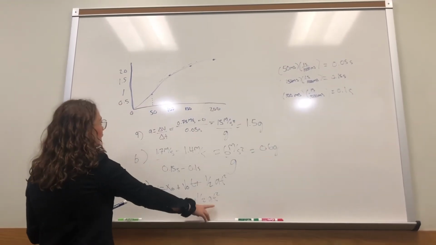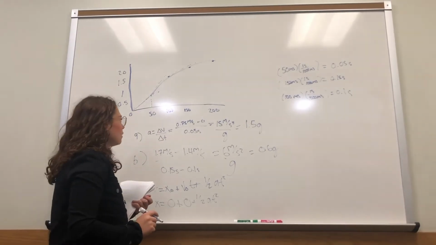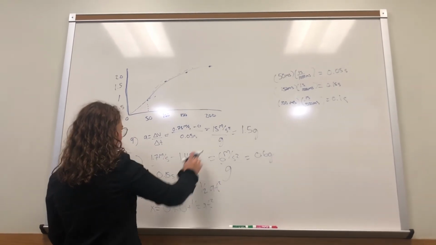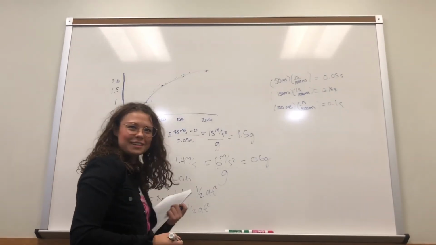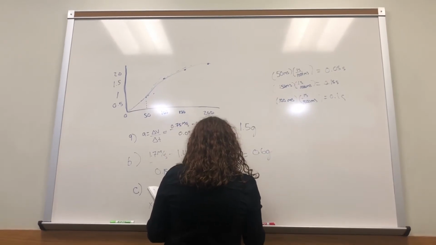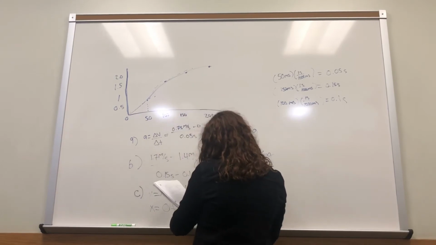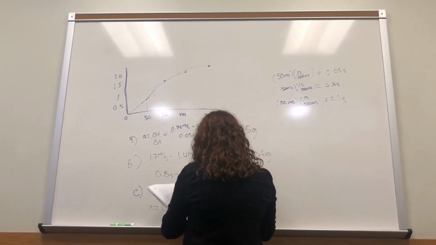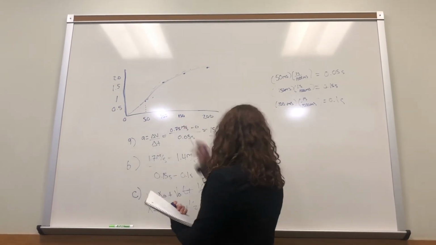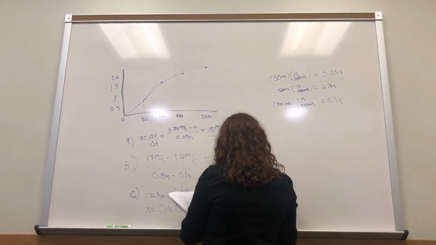And so we need to find our acceleration at 50 milliseconds, which we did up here, which was 15 meters per second squared. And then multiplied by 1/2. And then our time is 0.05 seconds. And we need to square that.